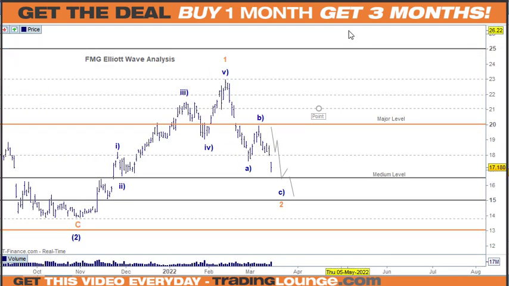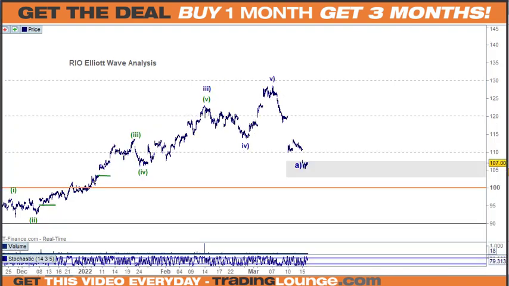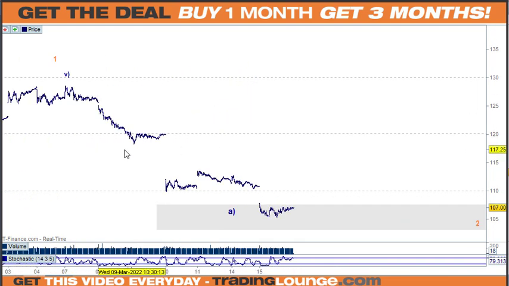Oh well, we'll just play it out. We'll see how iron ore goes. And Rio here, we were looking at wave 1 being up here. Wave 2's coming back pretty low as well for the A wave here. We're trying to get inside of this here, but I'll have to look at this as 1 and 2 and 3 and 4 and 5 here. So that's still got to drop down.